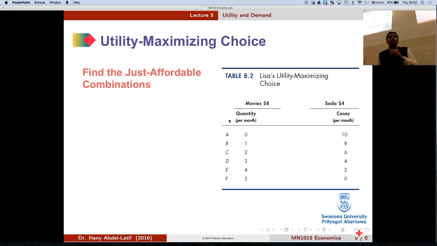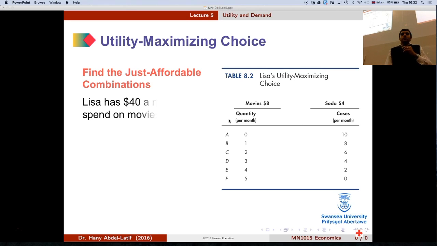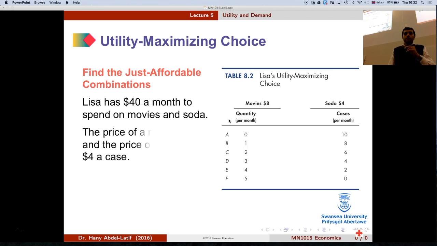So let's go back to our example again. We understand now what she can afford. Remember, A, B, C, D, E, F. These are the points she can afford. That's what we show in the budget line in the first or the second slide. Okay? So she could either buy 0 movies and 10 sodas.